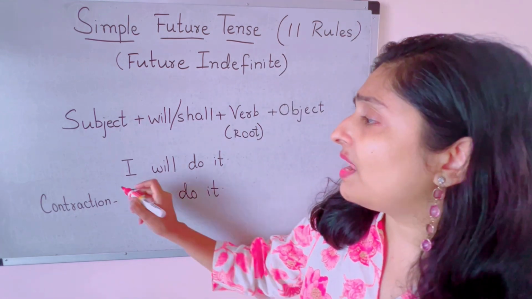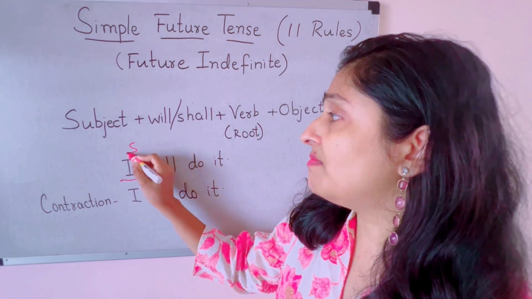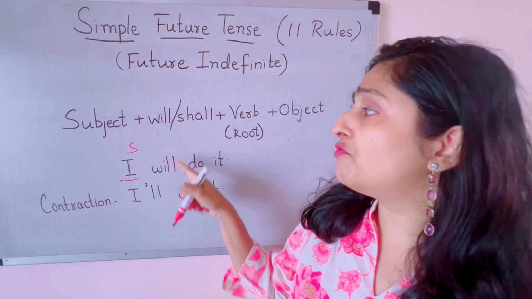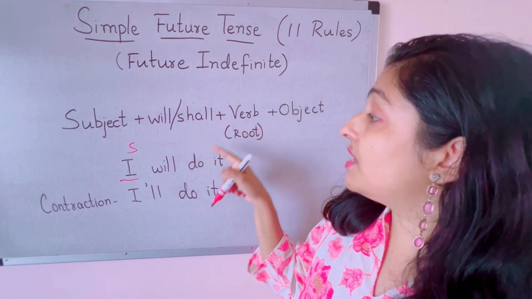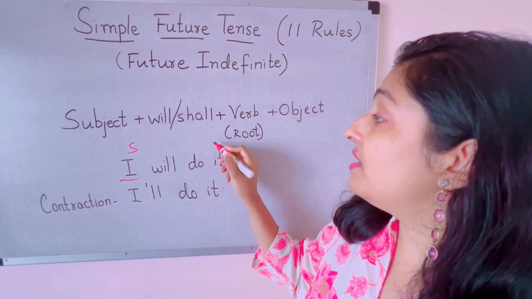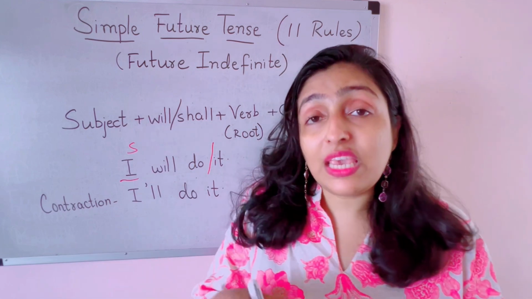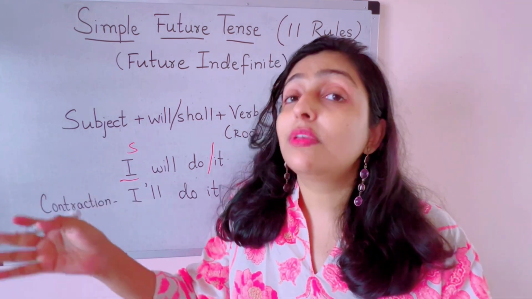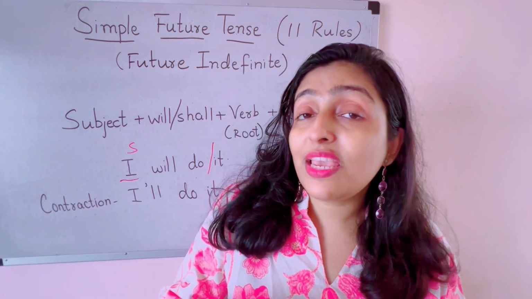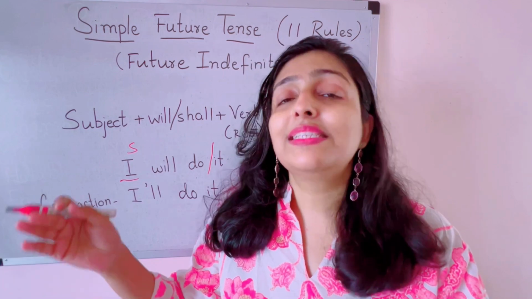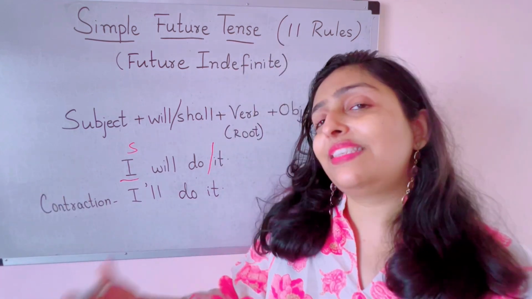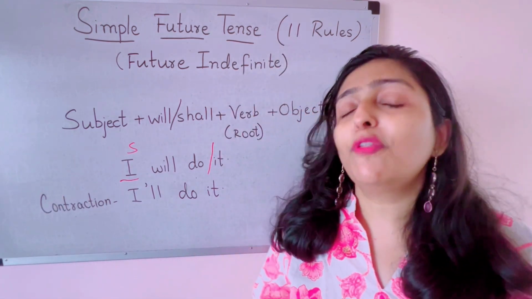For example, I is the subject, then comes one of these, will, then comes the verb, and then comes the object. He will eat the food. She will play tennis. All these are examples of simple future tense.